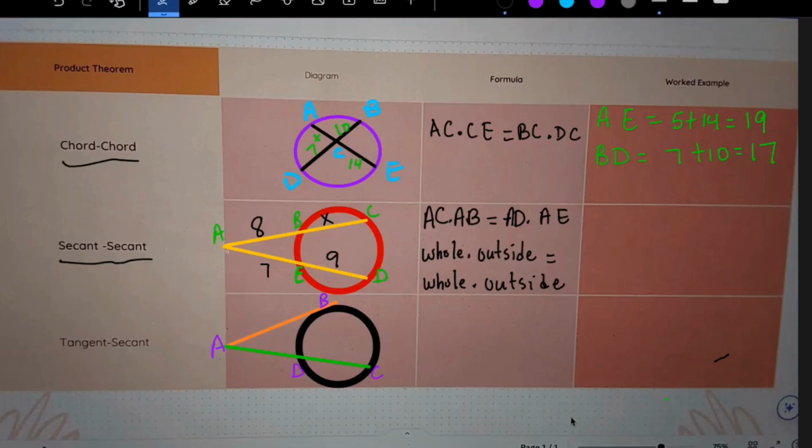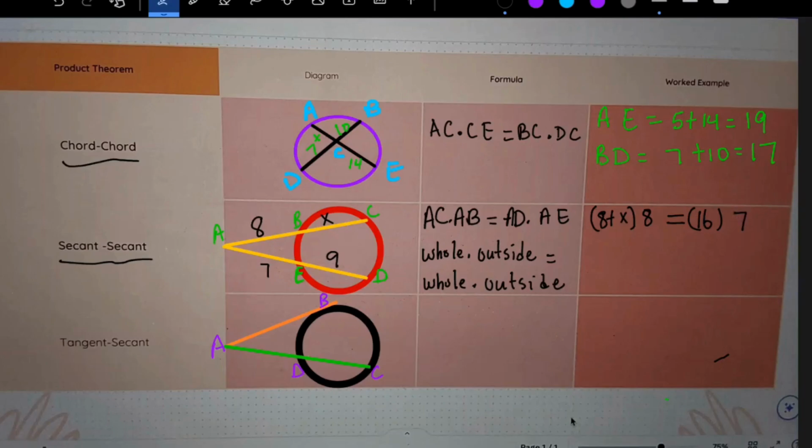So the whole is 8 and x, so it will be 8 plus x, that's the whole, multiplied by the outside, which is 8, is equal to my whole, which is 7 plus 9, and that gives me 16 times the outside, which is 7.